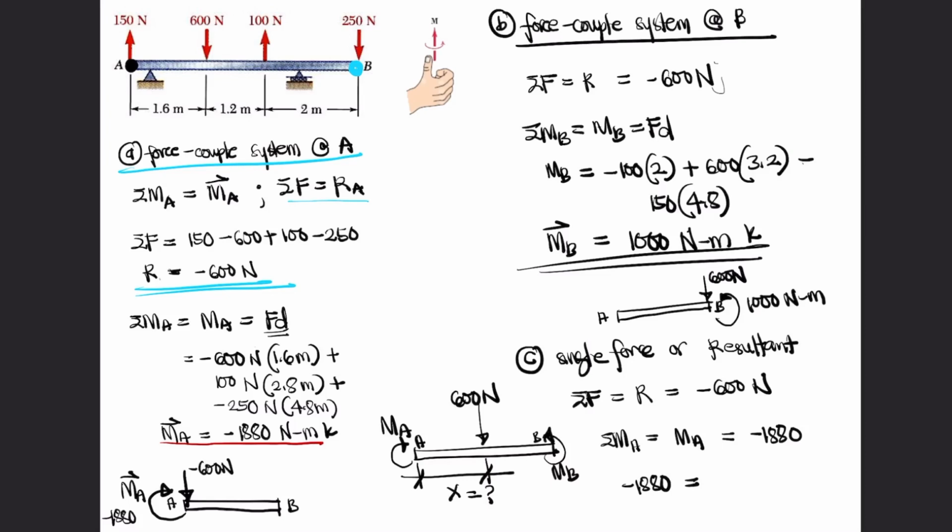Kung makuha kag moment at point A, kaning 600 will rotate paana na direction. Your thumb is pointing towards point A. So negative 600 times iyang perpendicular distance na x, or x is equal to 1880 divide 600 is 3.133 meters.